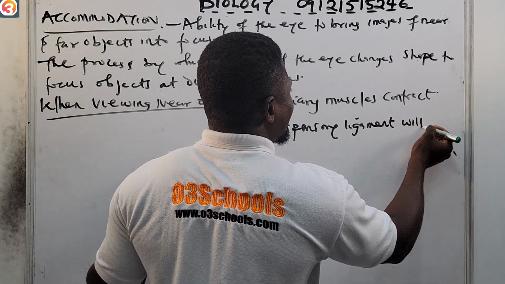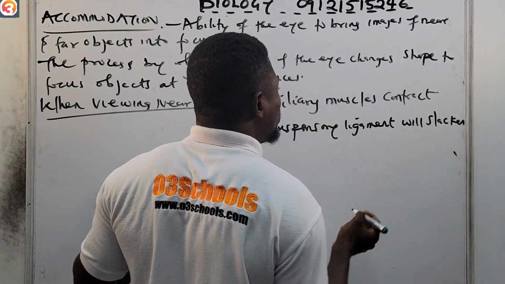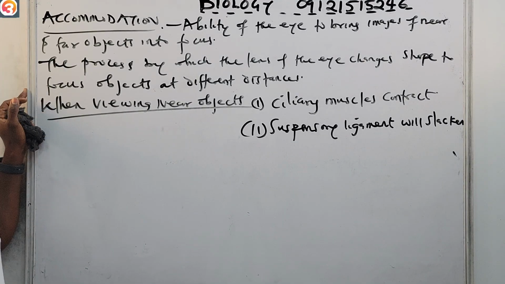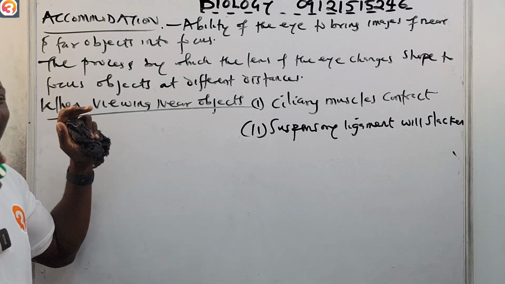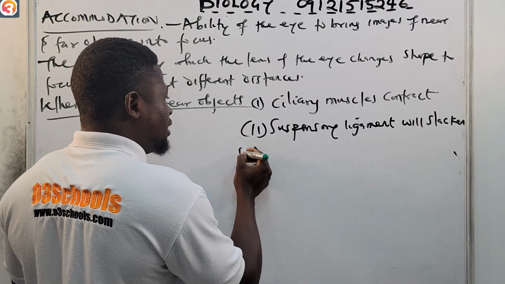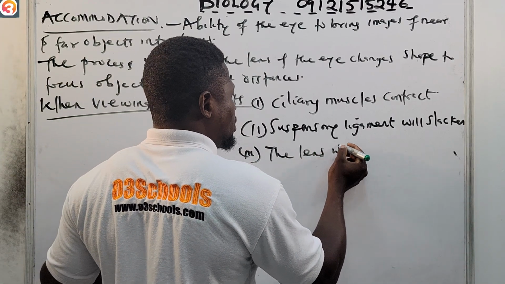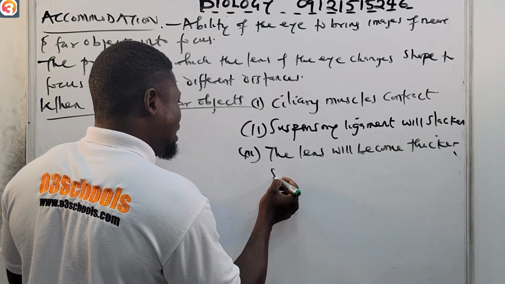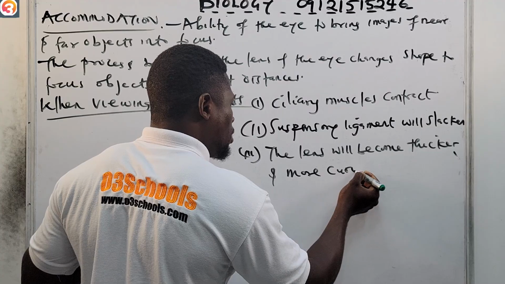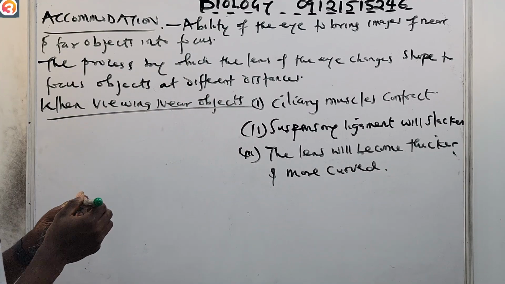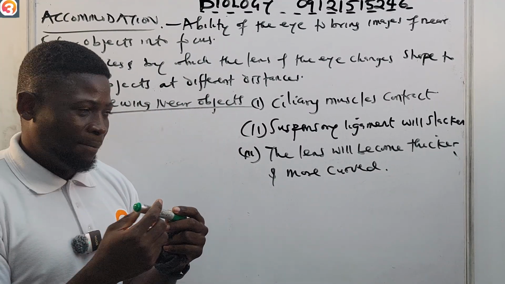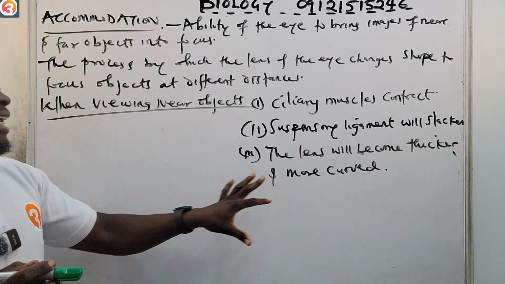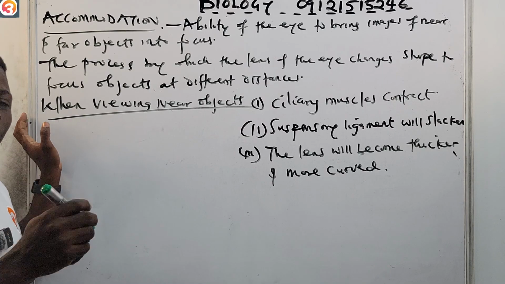The suspensory ligaments will slacken, and then the lens will become thicker and more curved. This is what happens when you are viewing an object that is near.